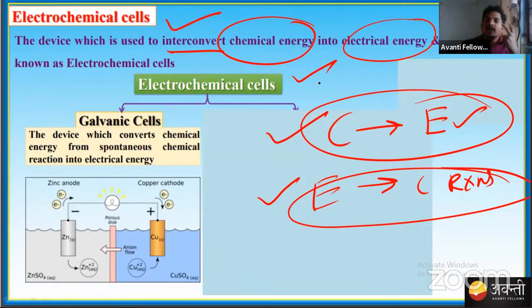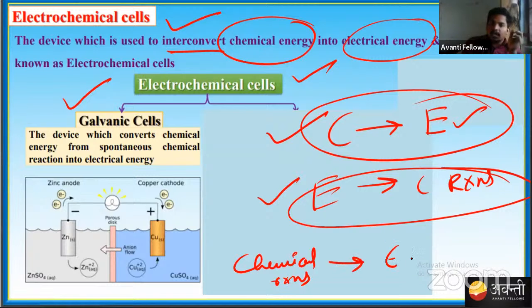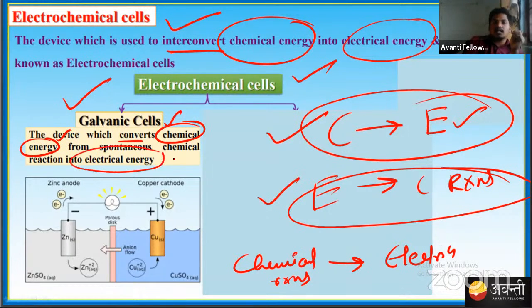In this we have two types. One is the galvanic cell. Sir, what does this galvanic cell do? A galvanic cell simply uses chemical reactions and produces electricity. Clear? It converts chemical energy from a spontaneous chemical reaction to electrical energy. So you can also say a galvanic cell simply uses chemical energy to produce electricity.